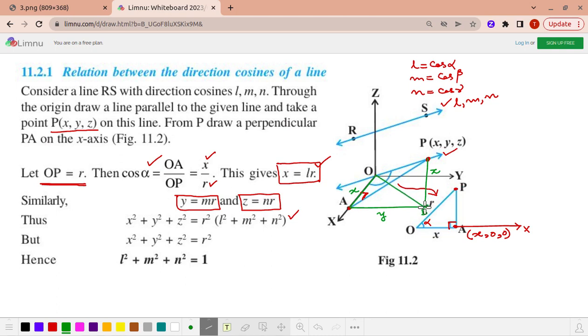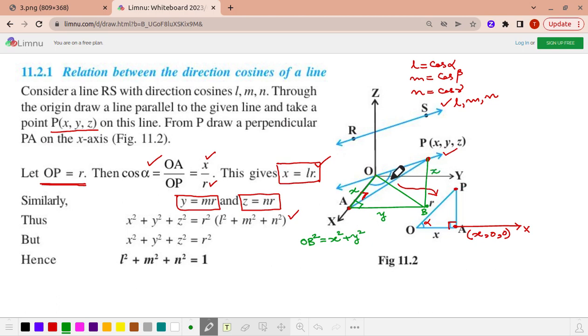OB will be equal to the square root of x square plus y square, because OAB is a right angle triangle, because this is a right angle. So we can say that OB square is equal to x square plus y square, by the Pythagoras theorem.